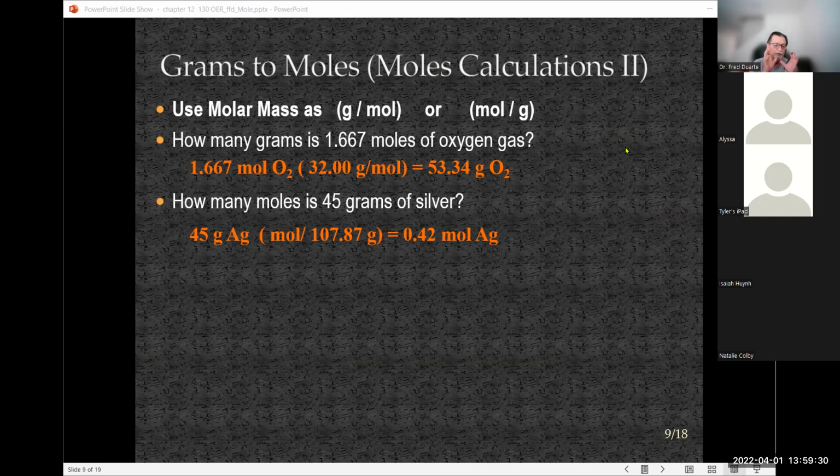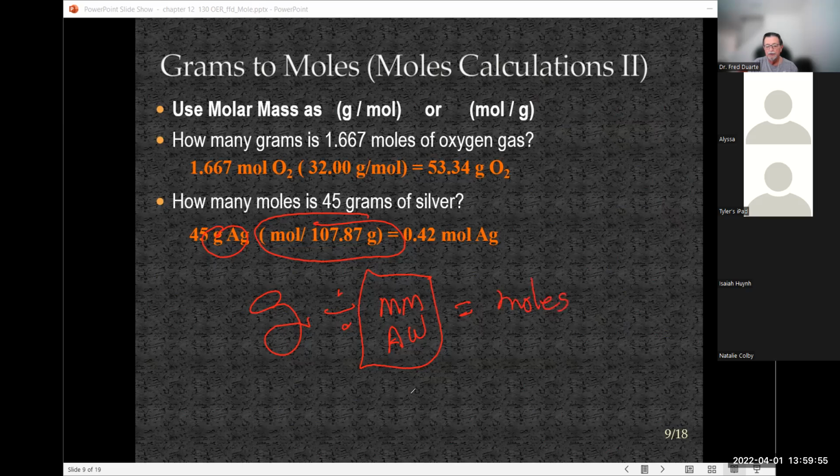Here's something, maybe you can see a trend here. Think about this for a moment. If I start with grams, like I did right here, what did I do mathematically? I divided by molar mass or atomic weight, depending on what you did, to give you moles.